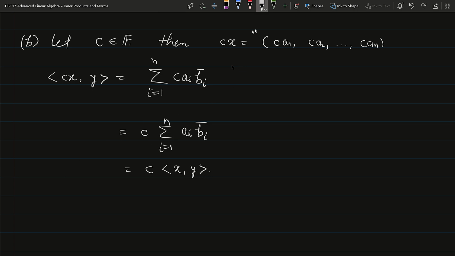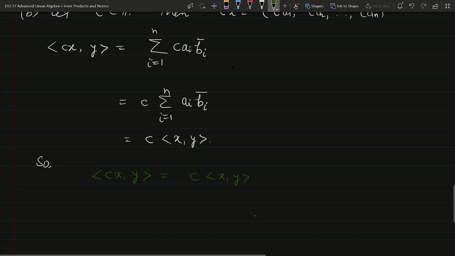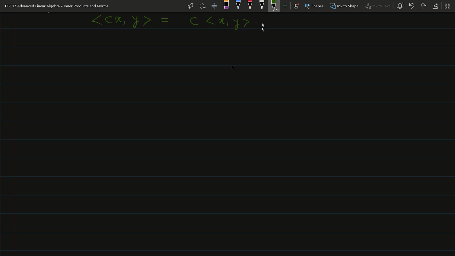So you can write that c x comma y is equal to c times x comma y. So this was the second condition and it is followed by our function.